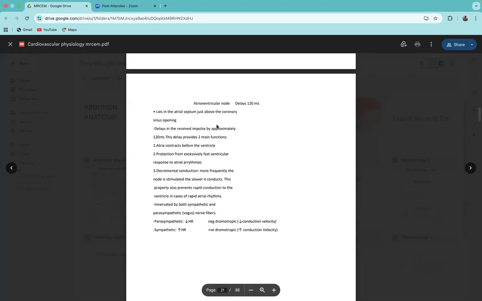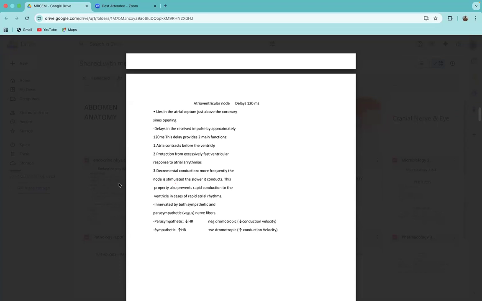The impulse generated by the SA node comes to the AV node and is delayed by the AV node.